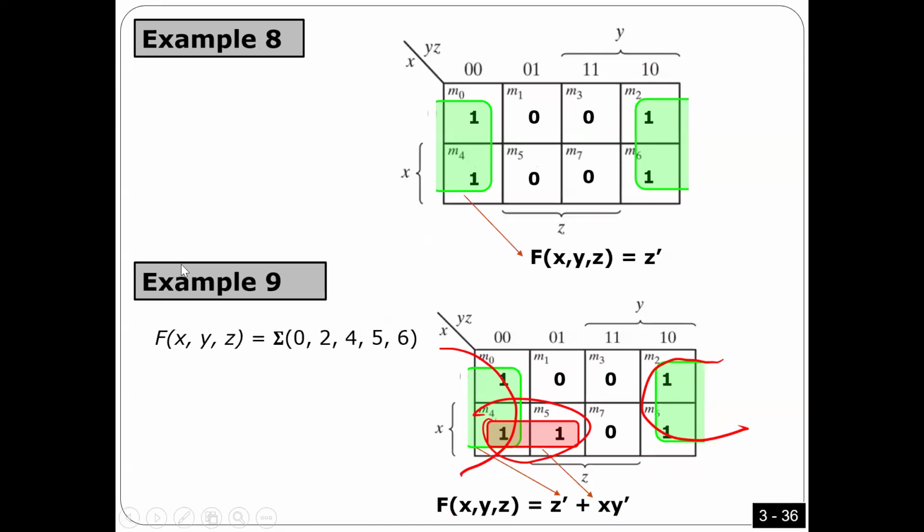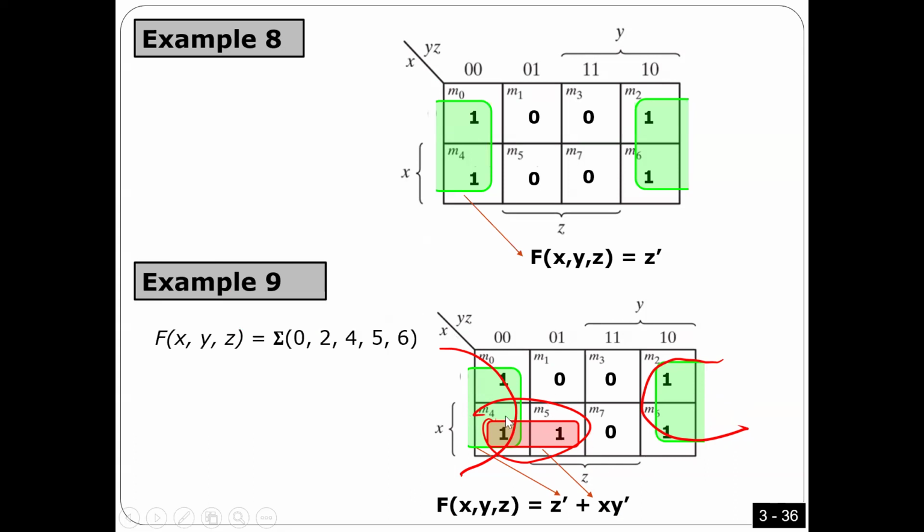Again, 2 things. Number 1, how to make groups. Number 2, how can you write the term equivalent to each group, the intersection. If you look at this part here, because it's 4, it should be only one variable, the area of Z prime. But for these 2 here, it should have 2 variables.